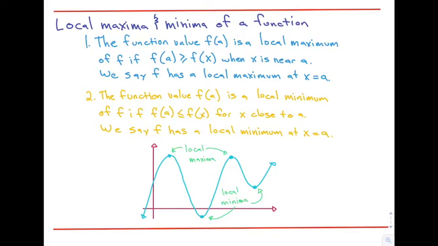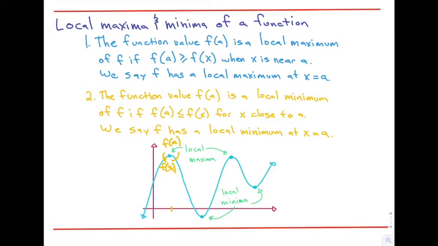So when I say when x is near a, really what I mean is this: if we compare x values close to where we think there's a maximum, like if we looked at a point here, this f of x, we call that f of x1, is definitely less than this f of a. That's all that we mean. If we compare x values close to x equals a, where we think there's a maximum, the values proximate to x equals a will be less than f of a.